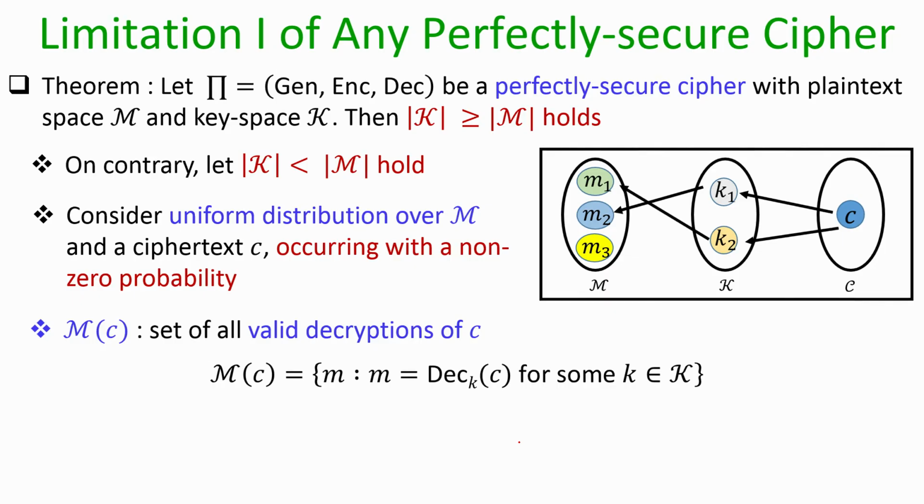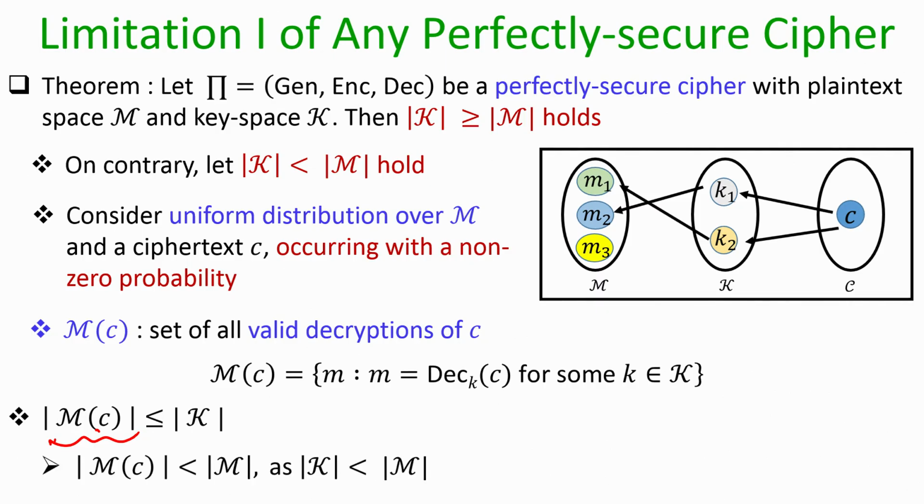Again, in this particular example, if I try to decrypt the ciphertext C, I have 2 possible keys. On decrypting ciphertext C by K1, I will obtain 1 message, and on decrypting ciphertext C by the second key K2, I will obtain 2 messages. That means the cardinality of this set M of C is upper bounded by the cardinality of the key space, because that is the maximum number of distinct decryptions you can obtain by decrypting the ciphertext C here.